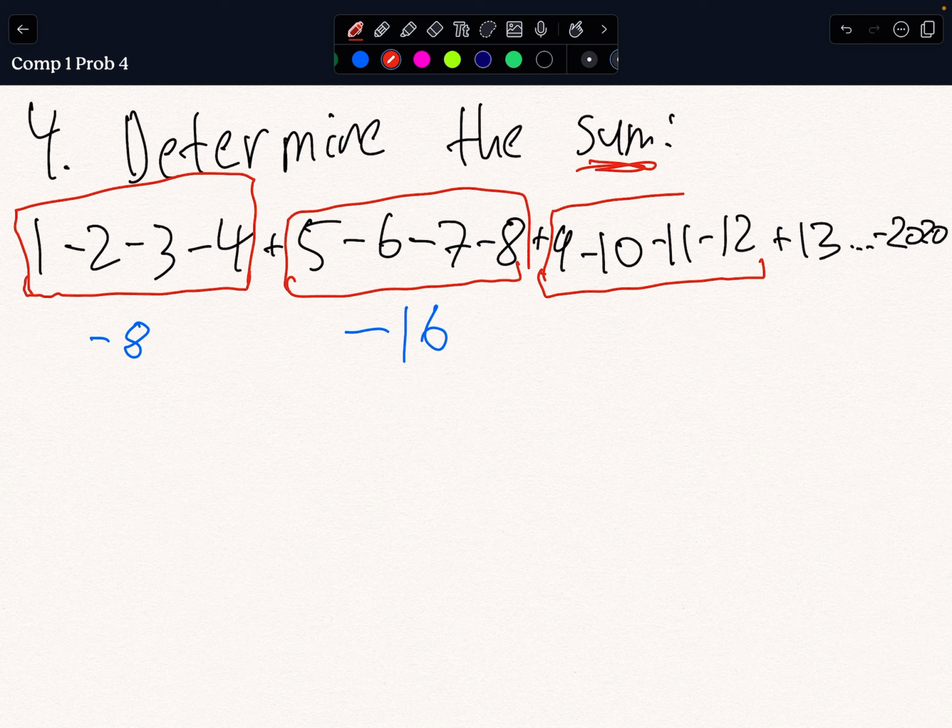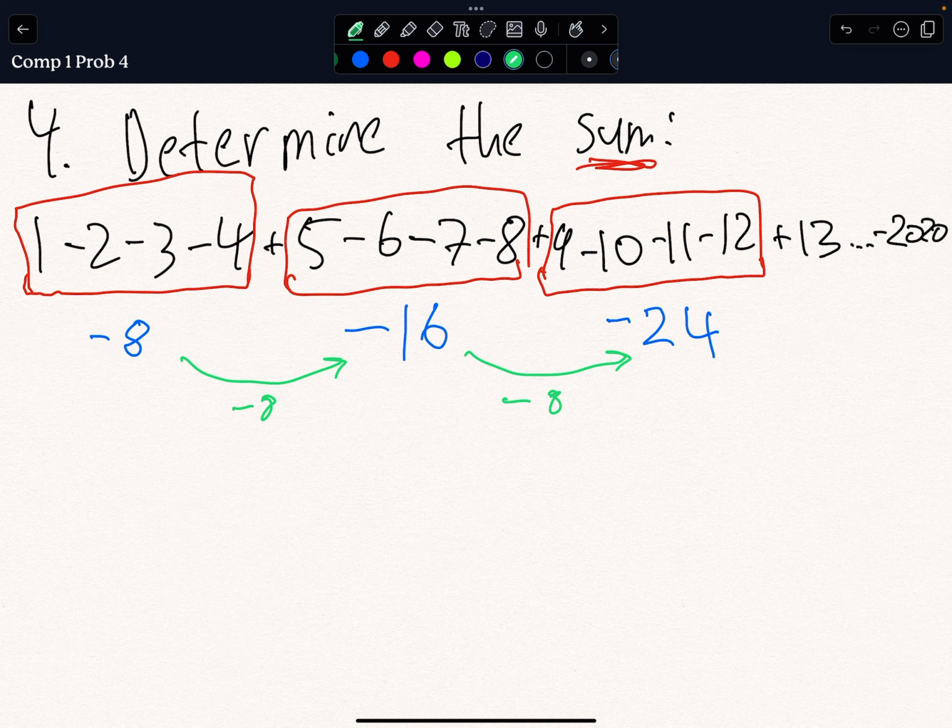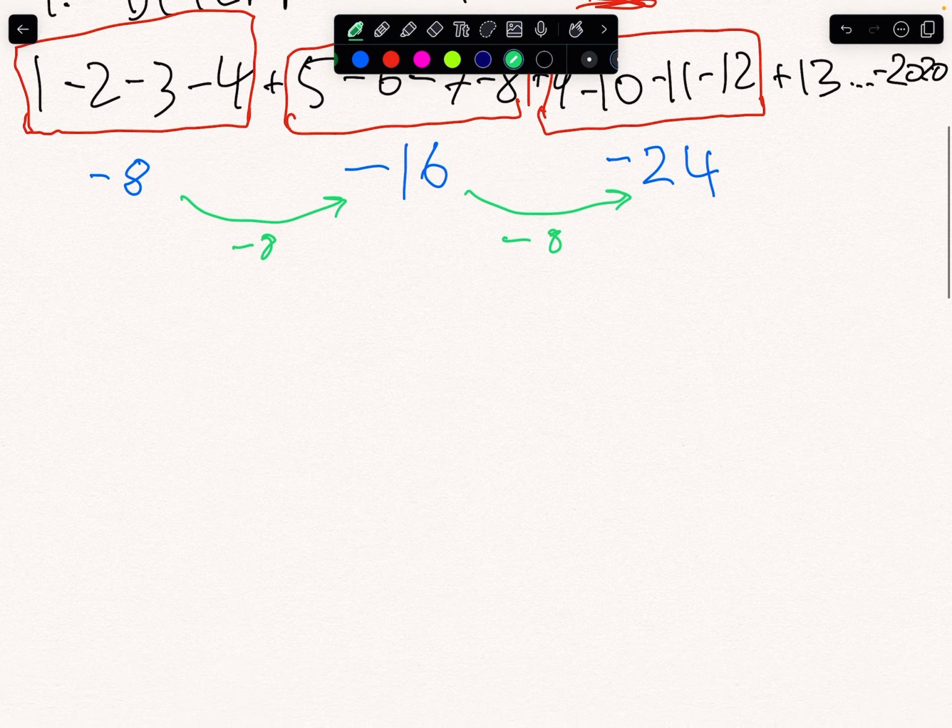And finally, this box, if you sum up everything there and subtract, you will get negative 24. So there seems to be a pattern here where each box is smaller than the previous one by 8. This is going to help us compute the sum of the total expression.